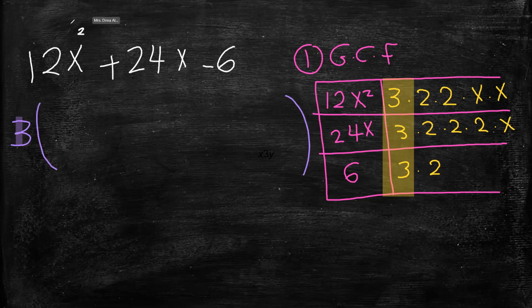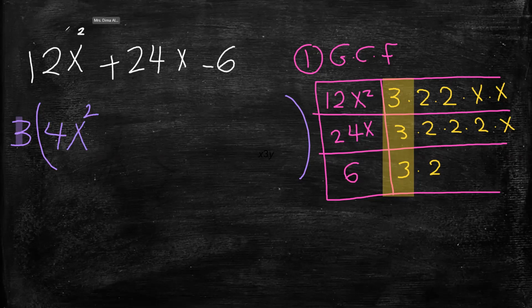Then I will go to the first term, 12x squared. If you remove the 3, because you took it as a common factor, what is left? 2 times 2 times x times x, which is 4x squared.